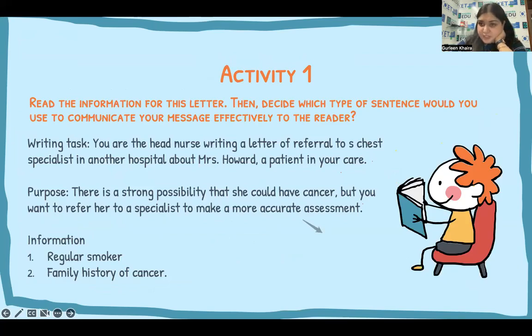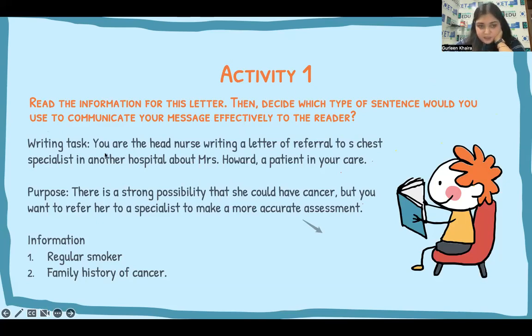Now let's do an activity which will probably add clarity about what we're discussing. Read the information for this letter. Then decide which type of sentence you would use to communicate your message effectively to the reader.